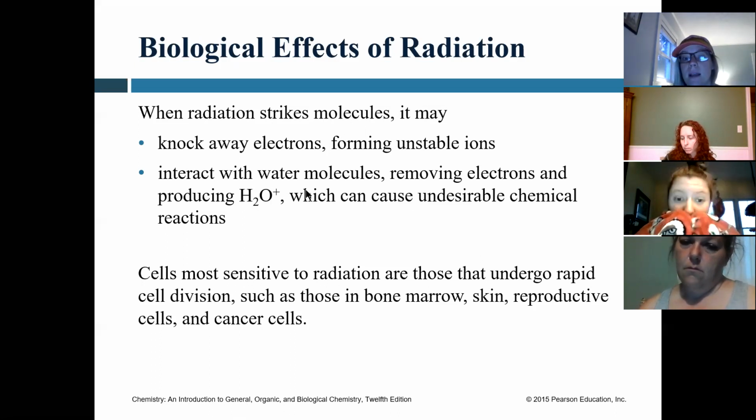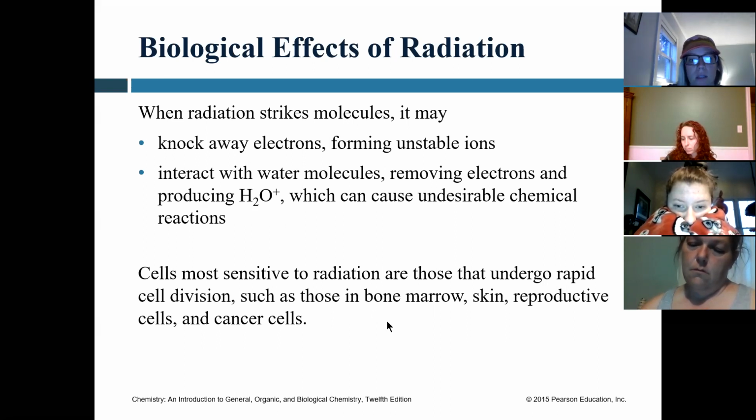Our body is made up of a lot of water molecules. So if you spend too much time near radiation, it can have both of these effects simultaneously: one, affecting the water in your body, two, affecting the actual cells in your body, which can lead to overgrowth of cells, cancer cells, all sorts of different things. Cell division, an increase in cell division.